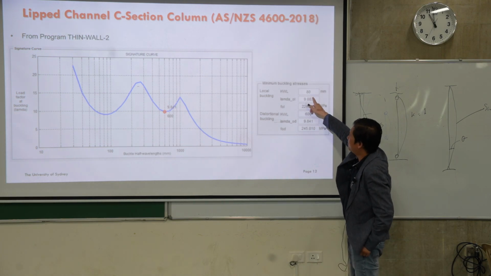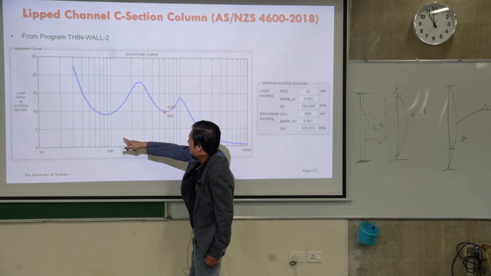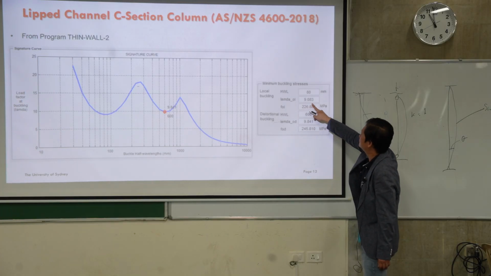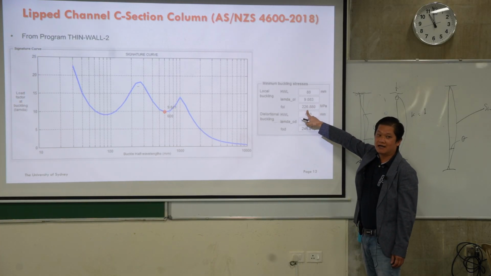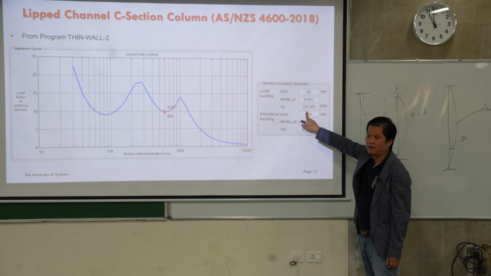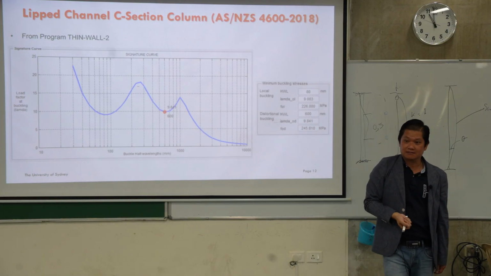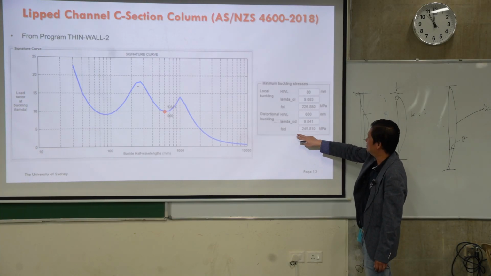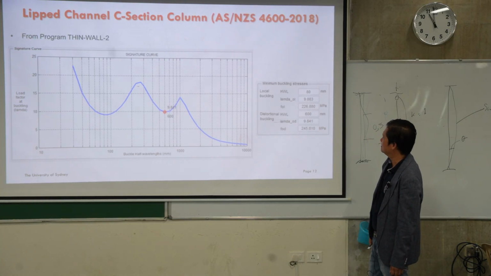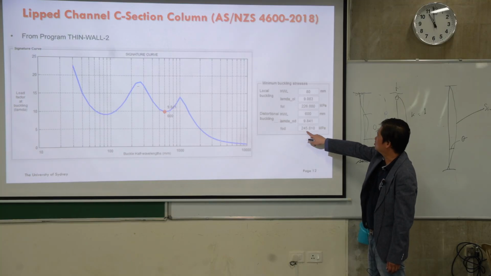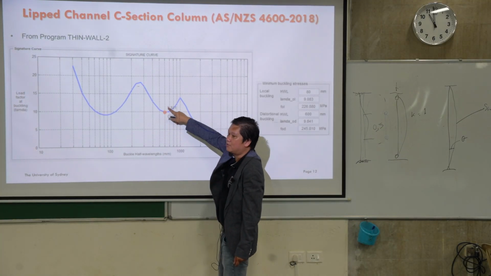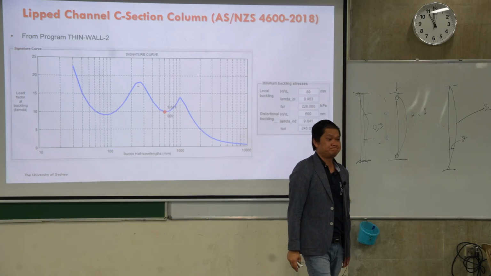The first minimum point, at a half-wavelength of 80 millimeters, gives lambda is 9, and then you can calculate the FOL, the local buckling stress. Similarly, you get the distortional buckling stress, FOD is 245, so it's slightly bigger, at a half-wavelength of 600 millimeters.